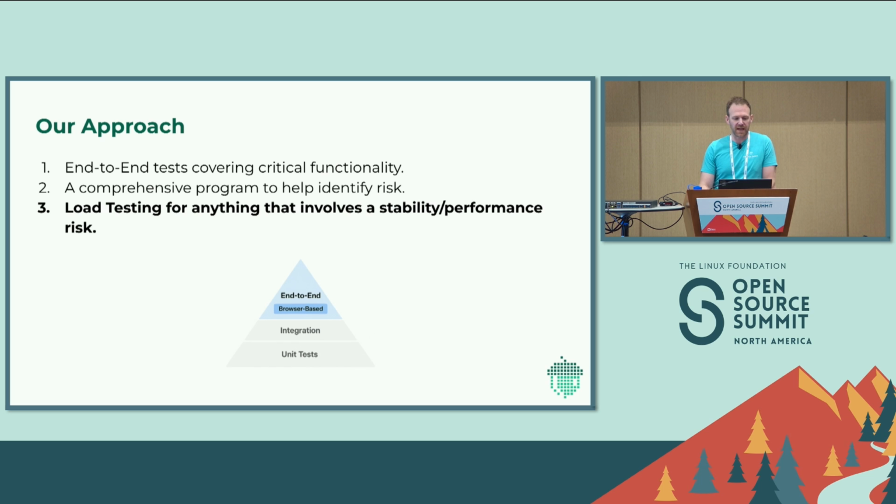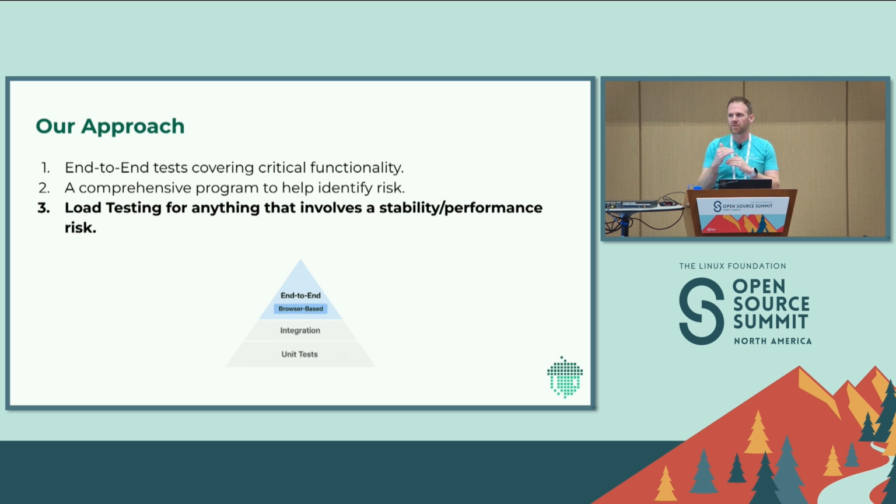And the approach that we've taken here is multi-pronged. We have end-to-end tests running, testing all the critical functionality, and these end-to-end tests are going to spider web out across all those different systems that comprise the UI system. That's one piece of the puzzle.